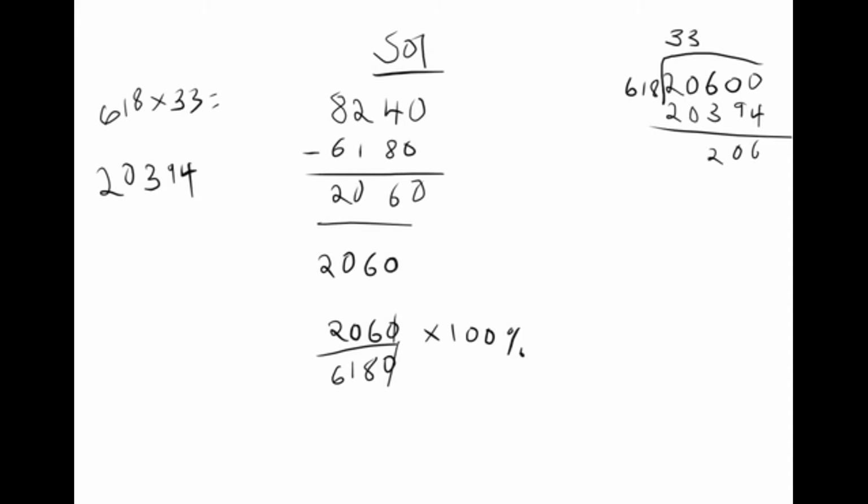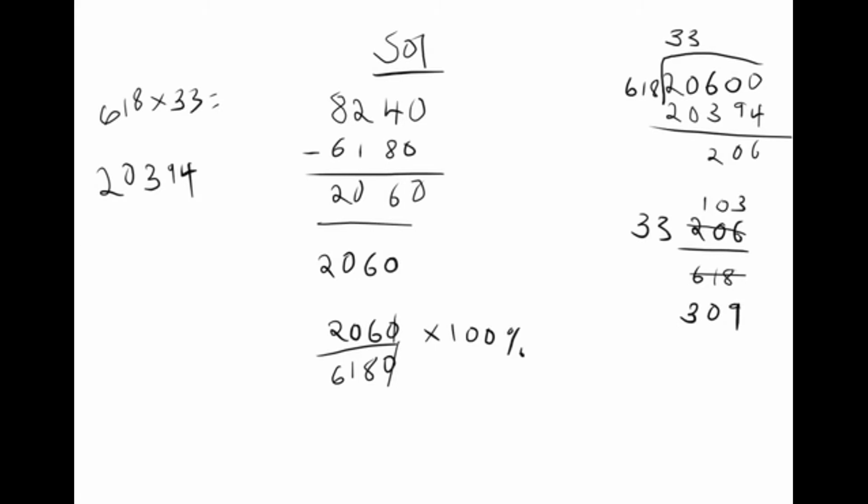Then we subtract, we get 206. Therefore, we have 33 and 206 over 618. Then from there now we can simplify. First, let us simplify by 2. 206 divided by 2, we get 103. 618 divided by 2, we get 309.